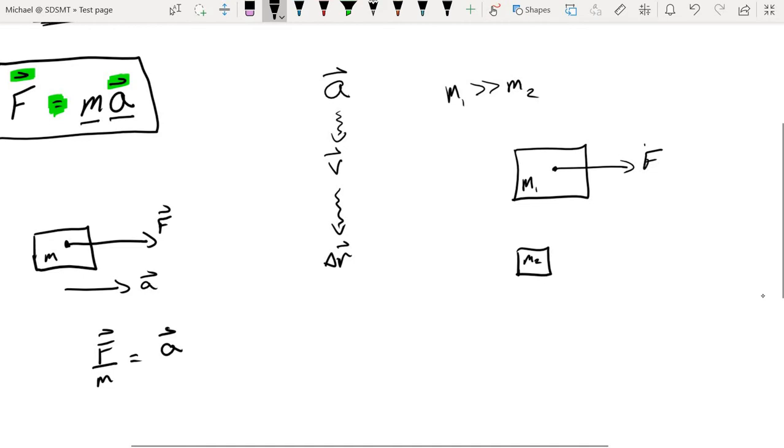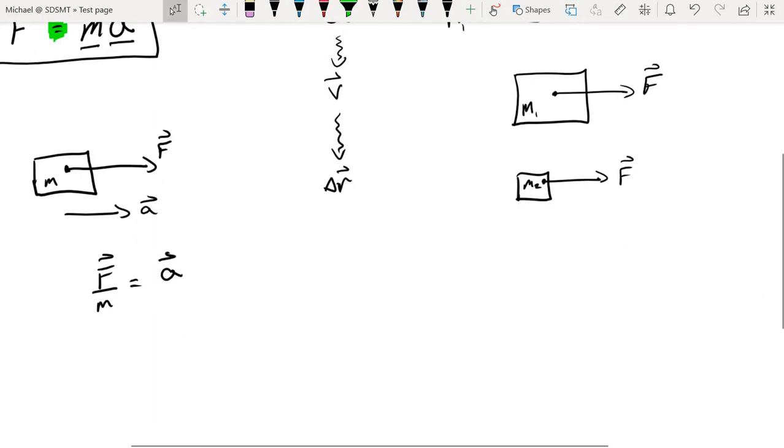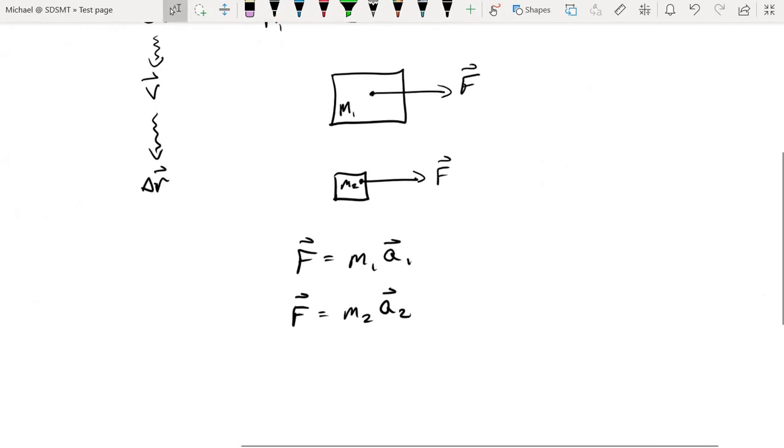But we'll apply the same amount of force to each of these masses. Our expression says that F equals ma, and so we will see mass 1 begin to accelerate at a certain rate, and we will see mass 2 begin to accelerate at a certain rate.